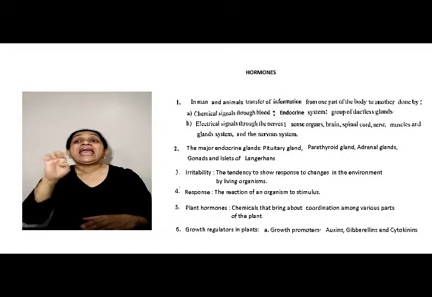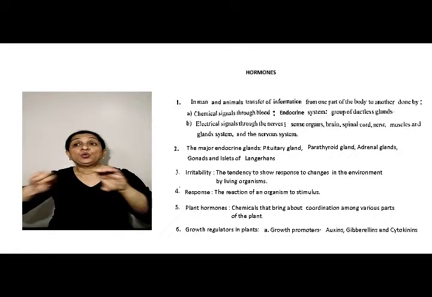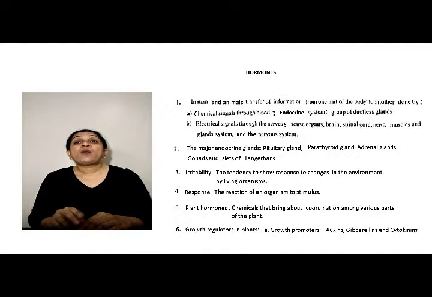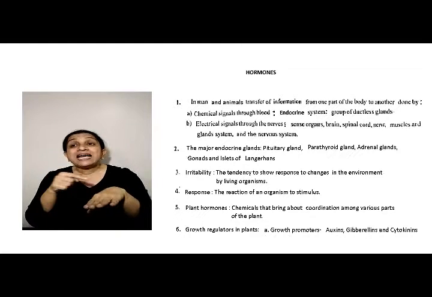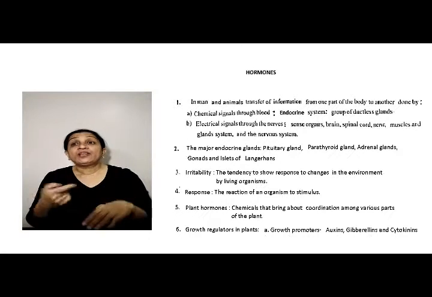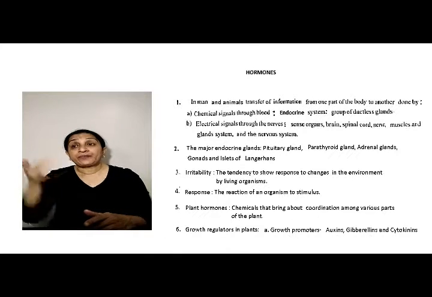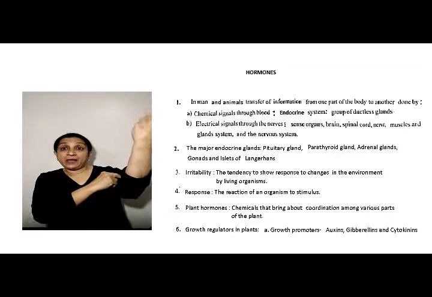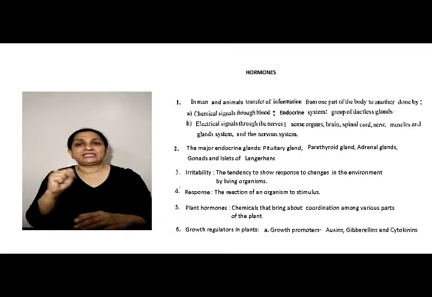By the endocrine system, that is a group of glands. Then you have electrical signals, which is through the nerves, that is in the sense organs, brain, spinal cord, nerves, muscles, gland systems, and the nervous system.